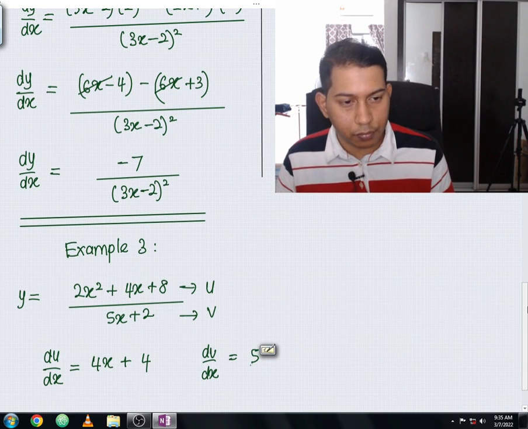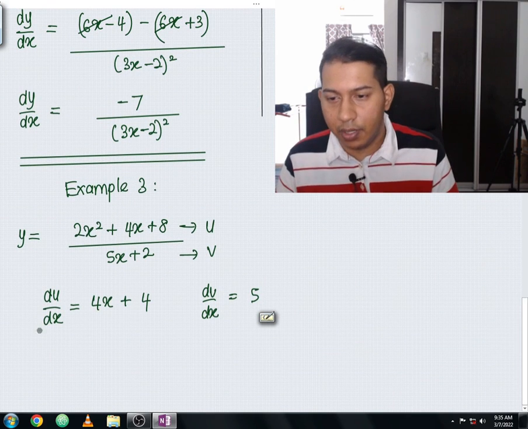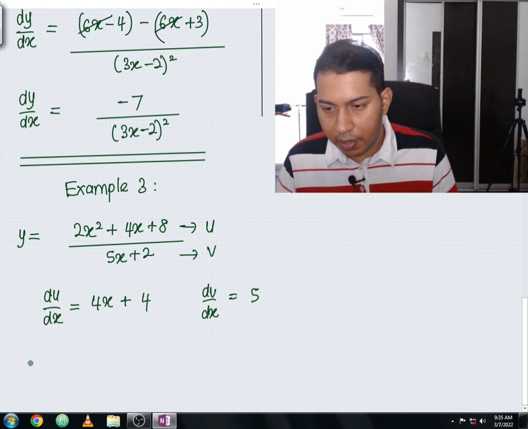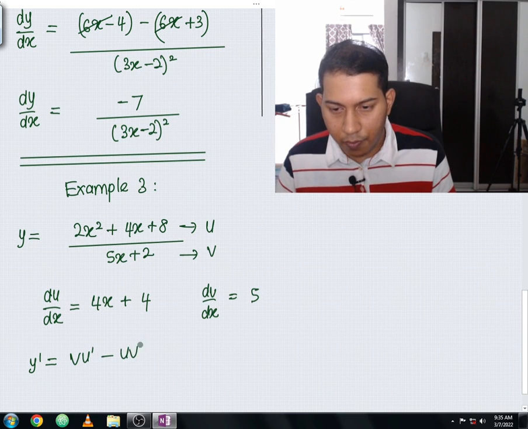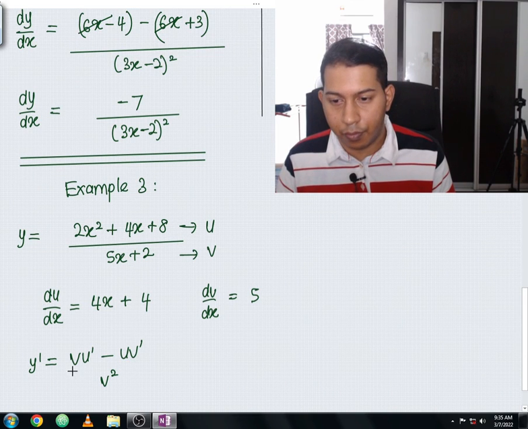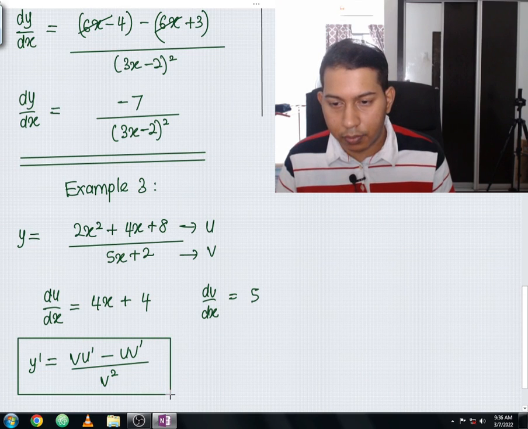So step 1 is clear, step 2 is clear. Let us proceed to solving using the quotient rule. Given that y prime is equal to (v u prime minus u v prime) divided by v squared. Let me just box this.